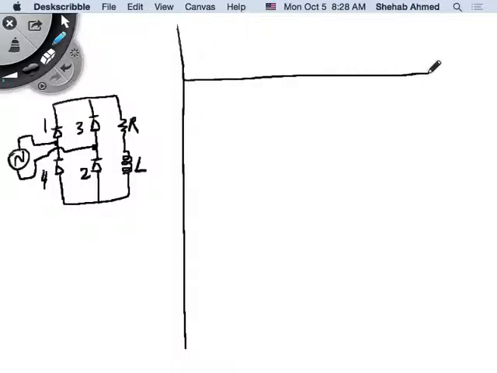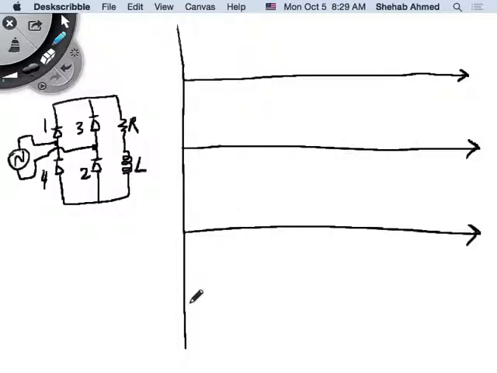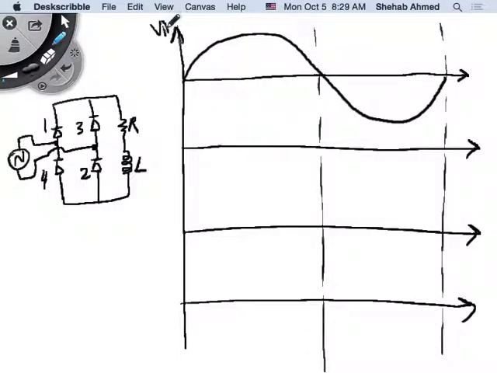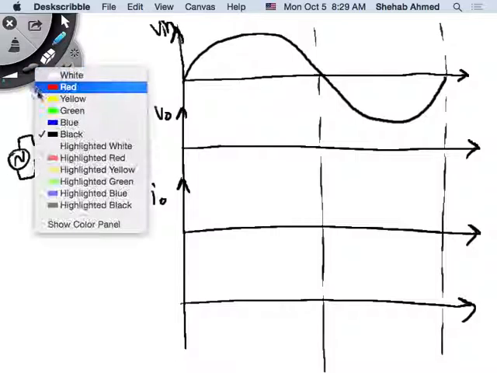So what will change? I have my same input voltage. This is V input. I would like to draw V output and I output. Draw your current first. That's fine, I can do that. So how will my current look?